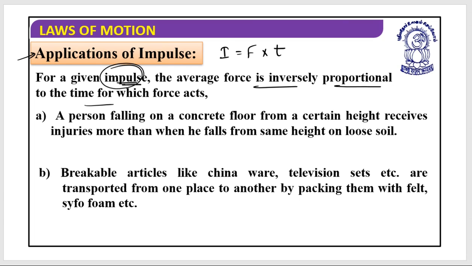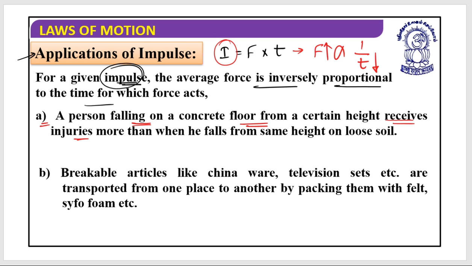And if I take I as a constant, that means force is inversely proportional to time. That means if time is very short, then the amount of force that can be applied is very, very high. This is the situation in many cases. Let's suppose a person falls on a concrete floor from a certain height.